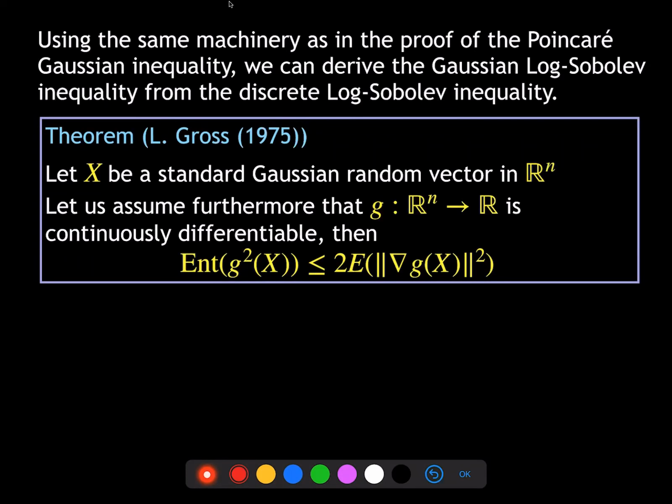So the Gaussian log-Sobolev inequality tells you that if you consider some smooth function from Rn to R, and if you consider a standard normal random vector, this means that the coordinates are all independent and distributed according to a standard normal, then the entropy of g square of x is less than 2 times the expectation of the norm of the gradient square of the function g of x.